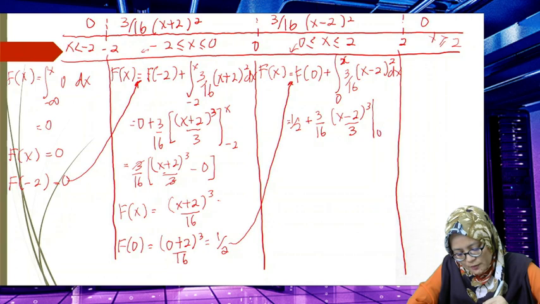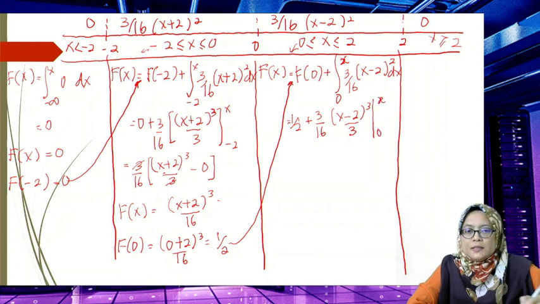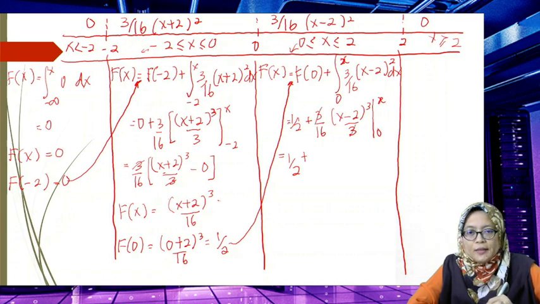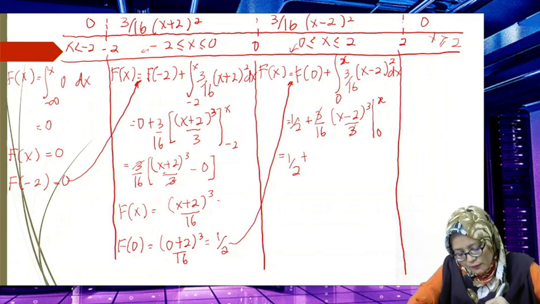Substitute the values from 0 to x. So 1/2 plus, this can be simplified, the 3 can cancel. So 1 over 16 is a constant. So we substitute the value (x minus 2) cube, minus (0 minus 2) cube.